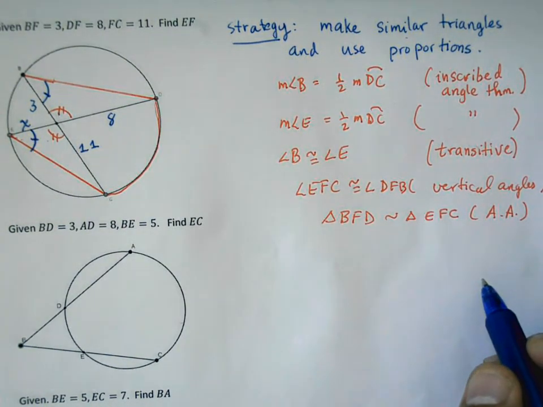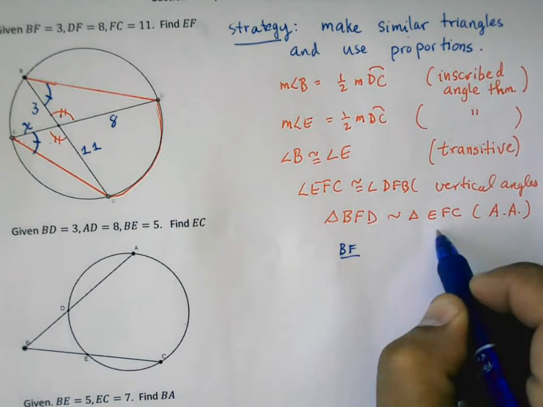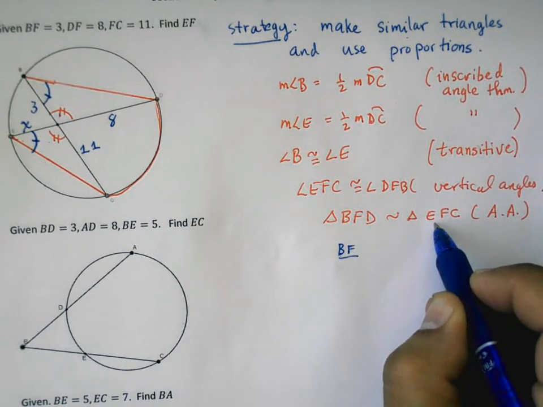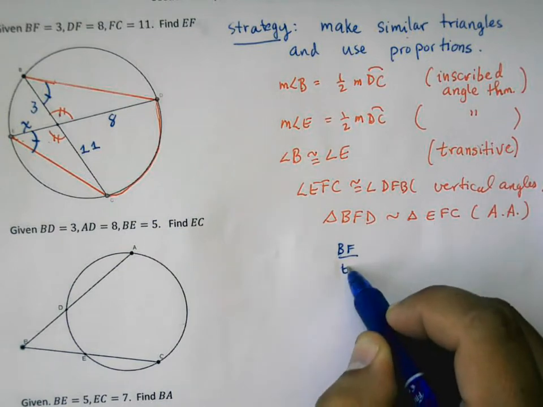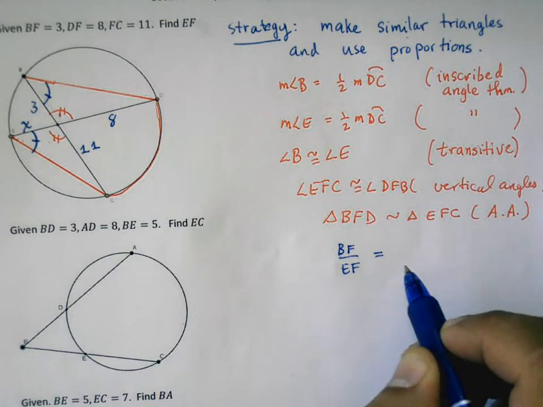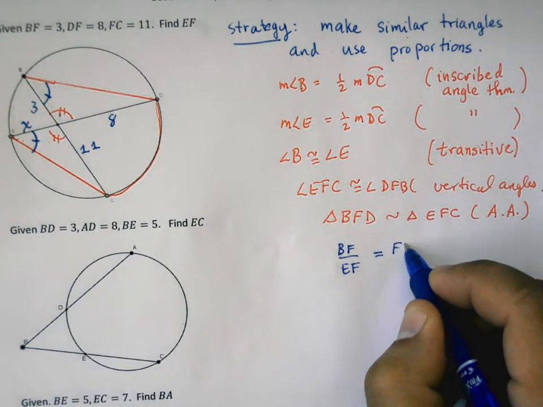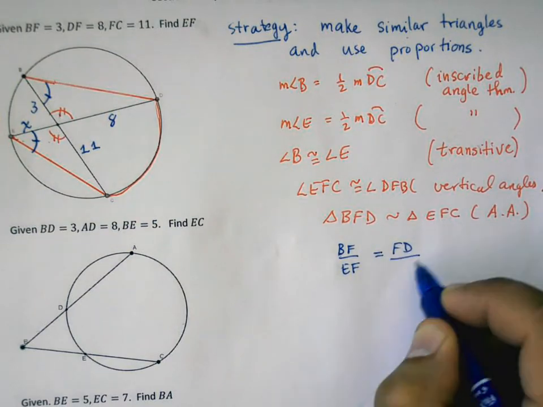So now we're going to set up a proportion. BF has its corresponding pair EF, and that's equal to DF, or FD, over FC.